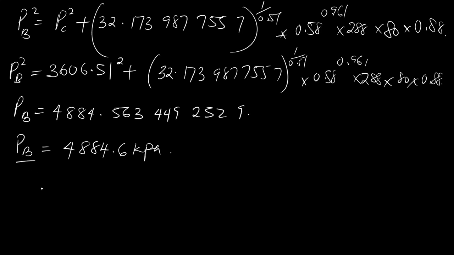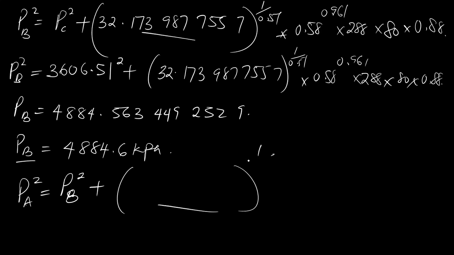Let's calculate for pressure at A. So PA square will now be equal to PB square plus. Now we know how to find this value inside the bracket.